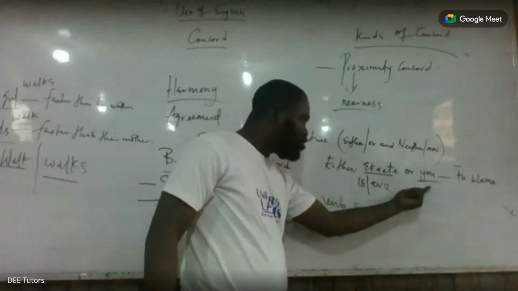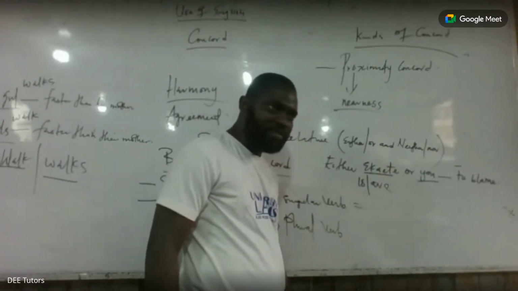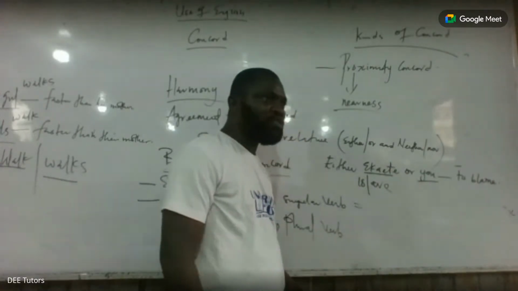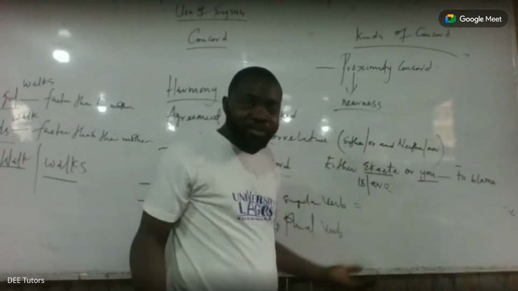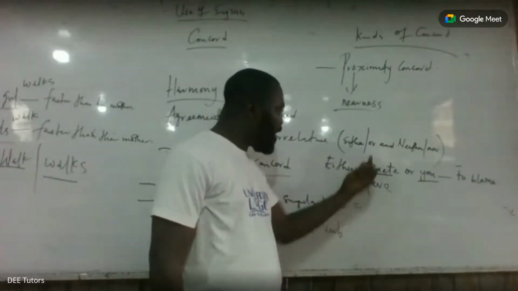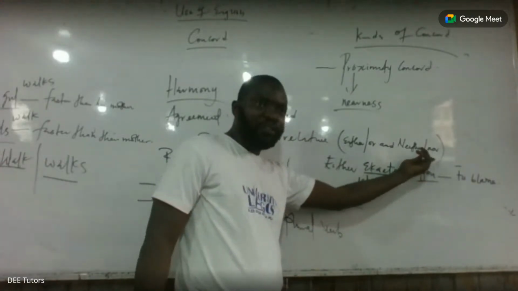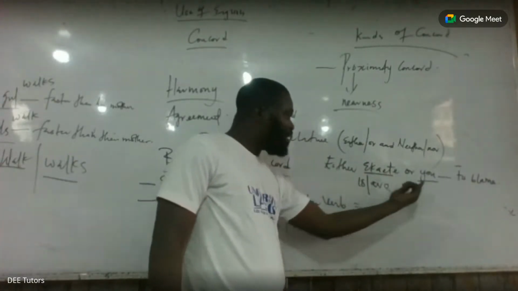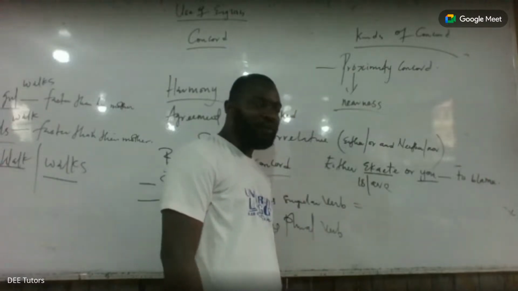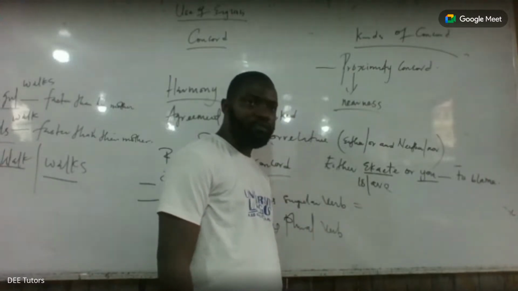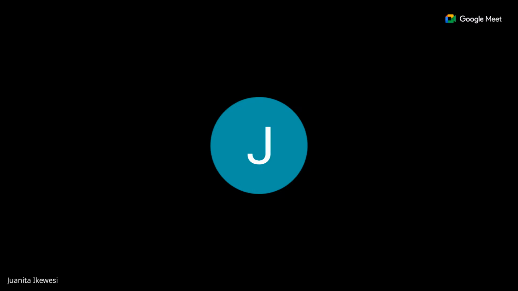Between Ekaete and you, which one is nearer to the verb? You is nearer to the verb. And if you don't know the one that is nearer to the verb, it is the one that comes after or, or the one that comes after nor. When you look at this, which one comes after or? Do you get that?